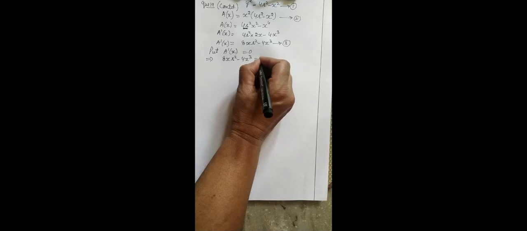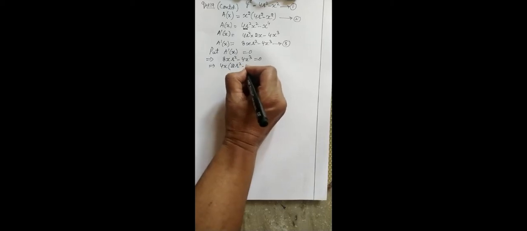Now for finding the critical points, let me put the derivative as 0. So this will give me the result 8xr square minus 4x cube is equal to 0. Now taking 4x as common, 2r square minus x square is equal to 0. Now which shows either 4x is 0 or 2r square minus x square is 0.